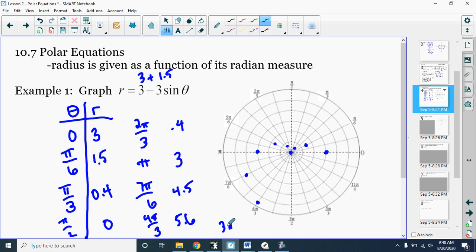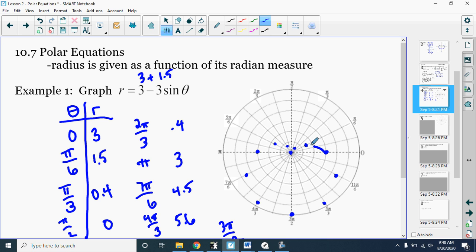Plug in 3 pi over 2. Sine of 3 pi over 2 is negative 1. Makes that plus 3, so 6. Plugging in 5 pi over 3 gives me that 5.6 value. And 11 pi over 6 gives you 4.5. 2 pi gets us right back here.